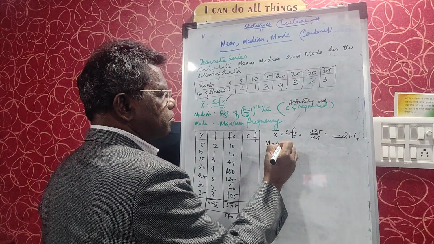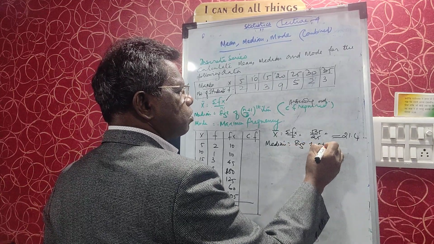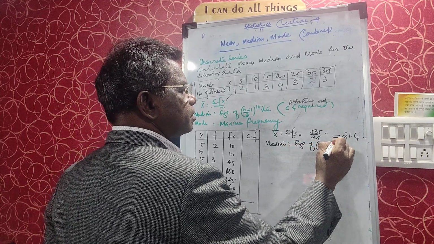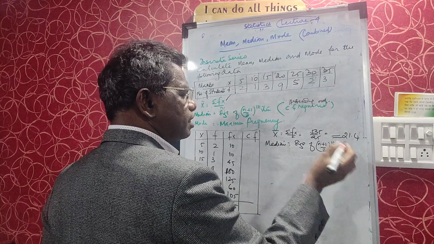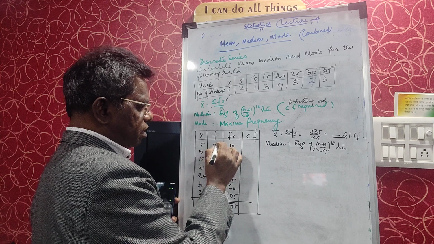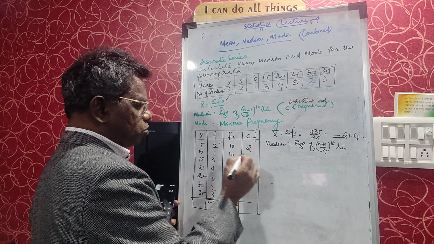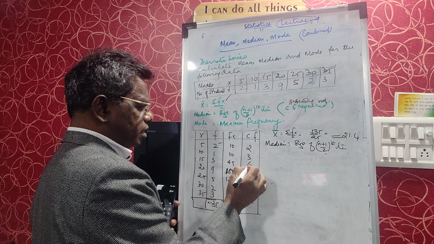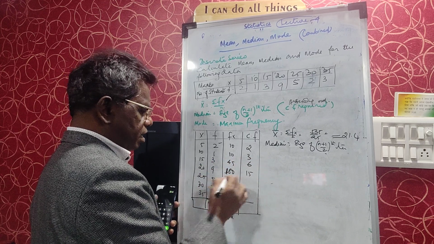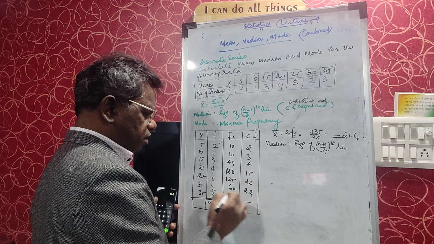Now let us find out the median. Median is equal to the size of (n plus 1) upon 2 th item. So for that you need to find out CF. CF is 2 plus 1, 3, 3 plus 3, 6, 6 plus 9, 15, 15 plus 5, 20, 20 plus 2, 22, 22 plus 3, 25.